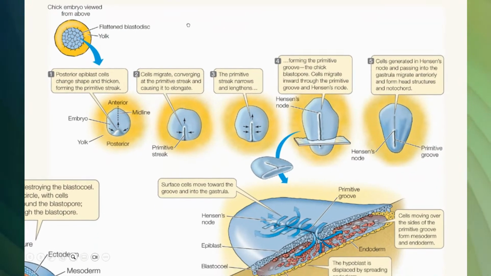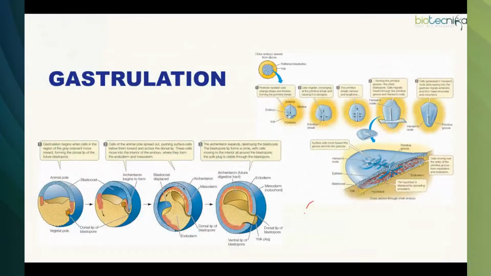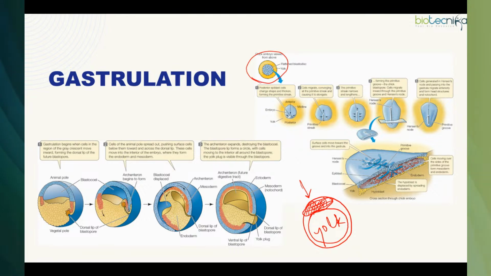If you have the entire egg, almost the entire thing will be yolk. The top part is free, and here itself the cleavage divisions will occur, the division of the embryo. That's why, viewed from the top, you are able to see these cells that have divided, and underneath you can see the yolk content.